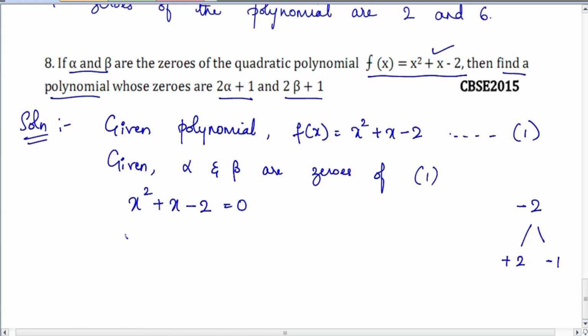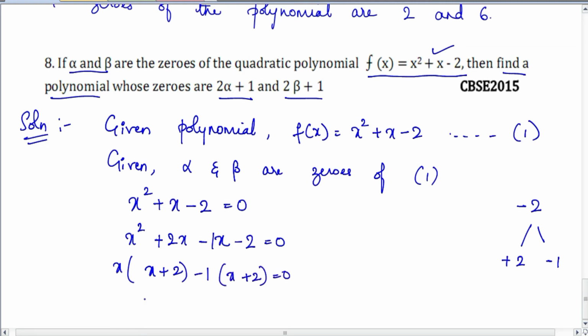Now we will simplify this. x square plus 2x minus 1x minus 2 equals 0. Here x is common, we get x plus 2. Here minus 1 is common, we get x plus 2. So taking x plus 2 common again, we get x minus 1. So these are the factors.